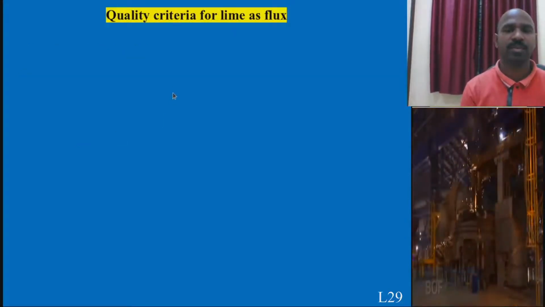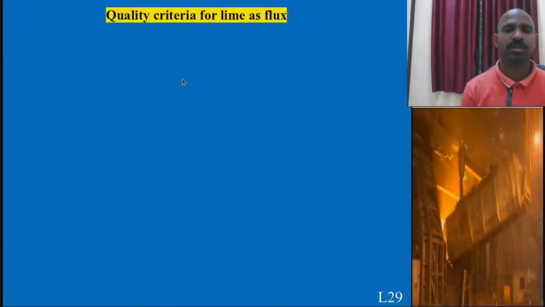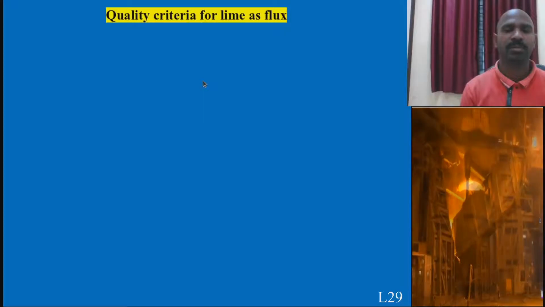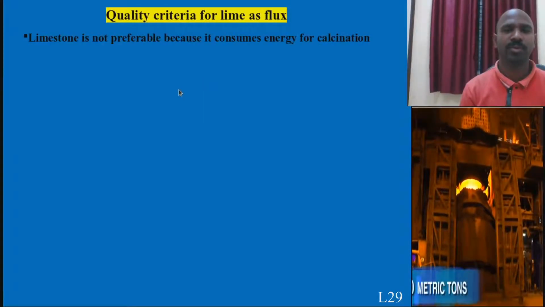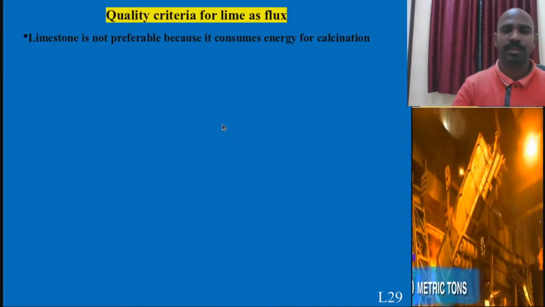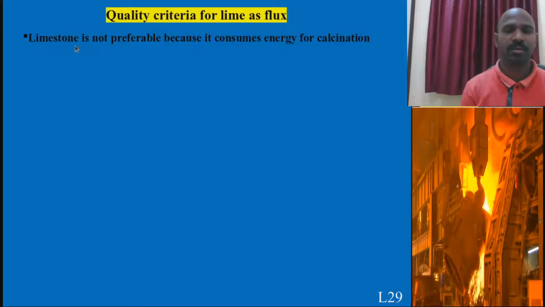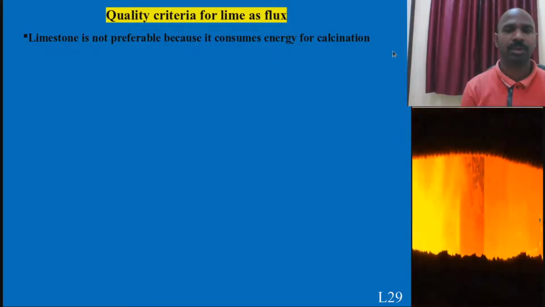Coming to lime, it plays a very important role in this situation. So what are the characteristics of lime? Direct usage of limestone is not preferred, because you need to dissociate limestone into lime.